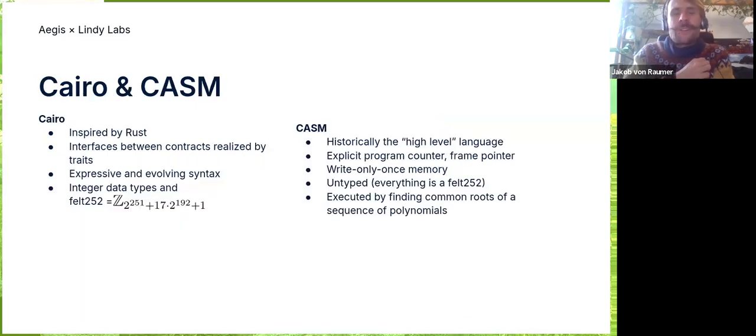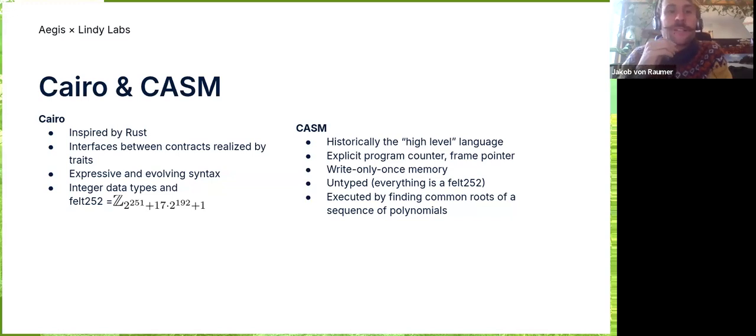So what's Cairo? It's a language that, in its current iteration, Cairo 2, has a syntax that's pretty much inspired by Rust, and also some mechanisms that are inspired by Rust, for example the ownership model. And this is pretty nice because lots of the programmers in the crypto world know Rust, because it's always been a favorite language of the whole ecosystem.